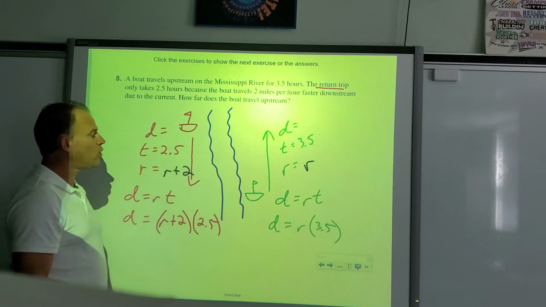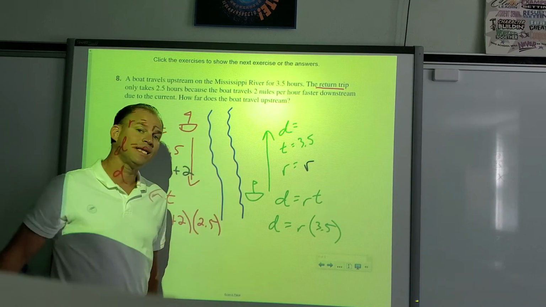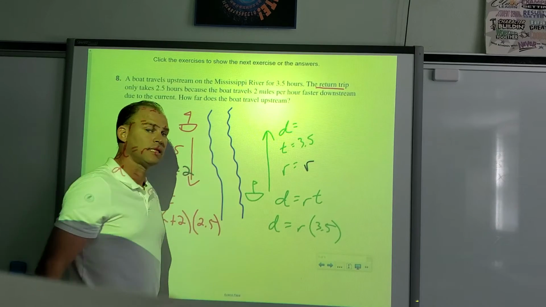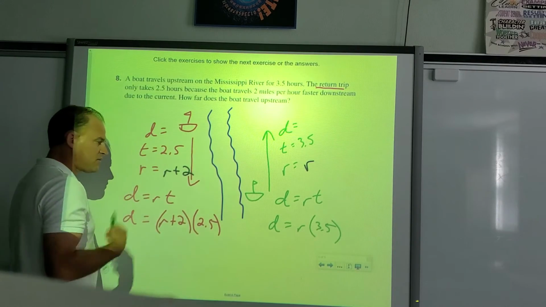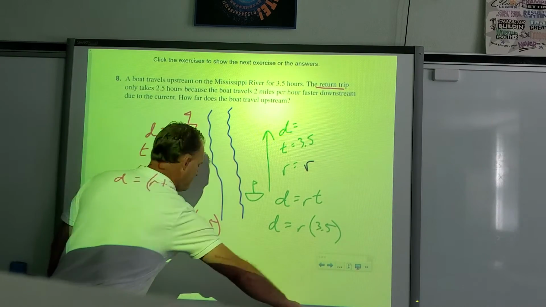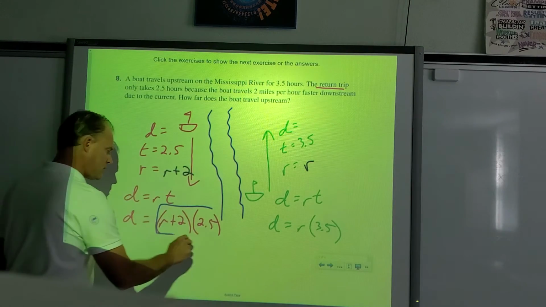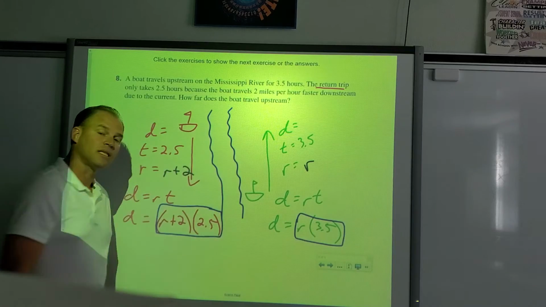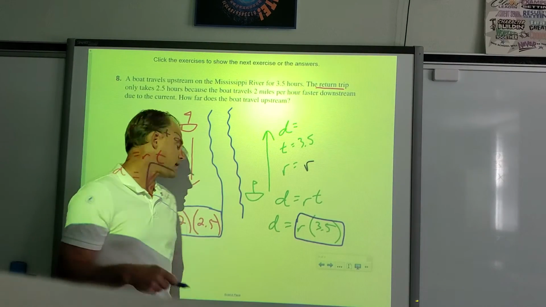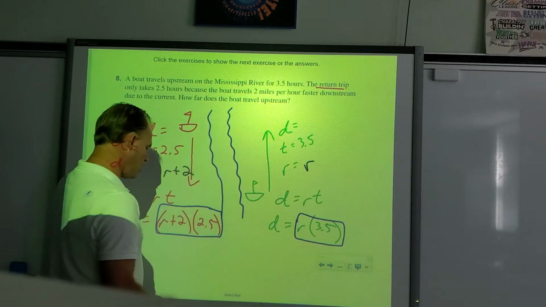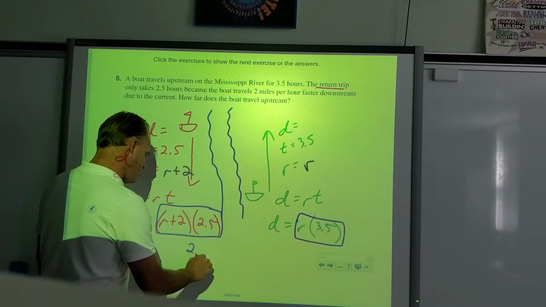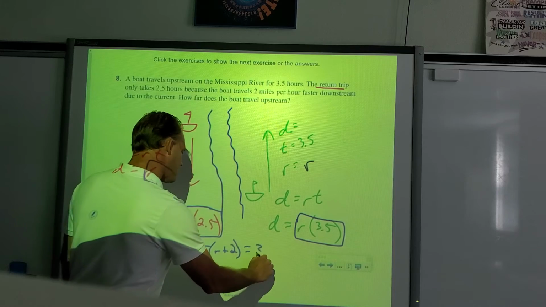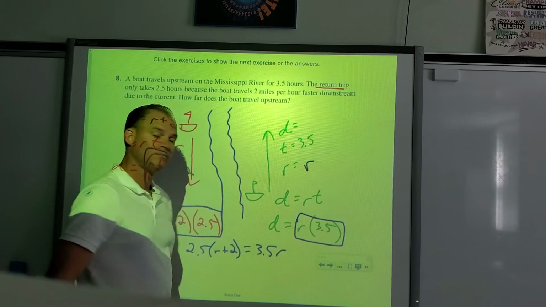We know the boat traveled the same distance because it went up the river and then back down the river the same distance. So I can set these equal to each other. I've got 2.5 times R plus 2 equals 3.5 R.